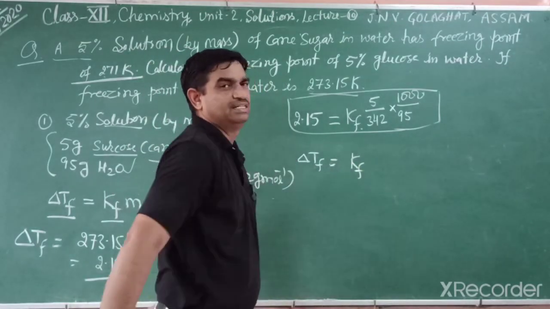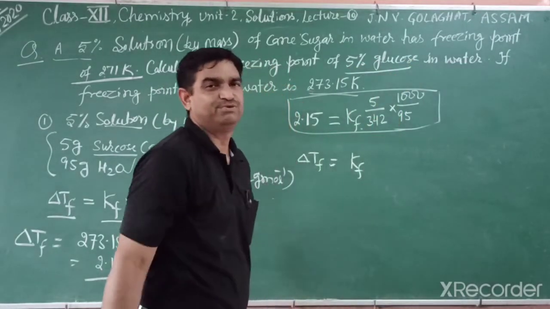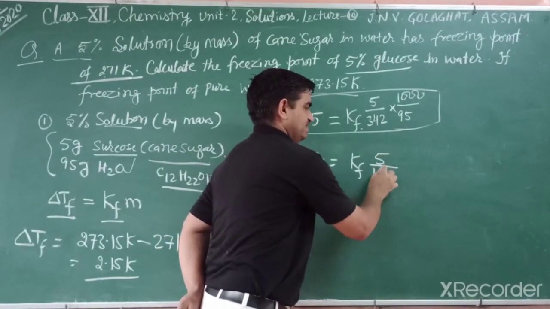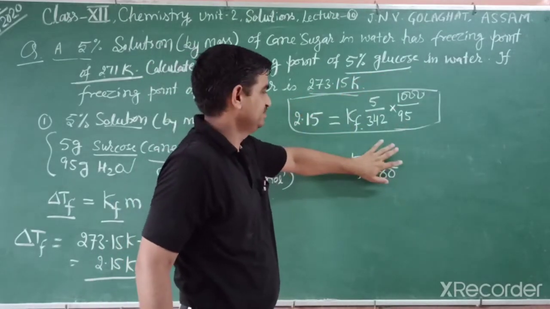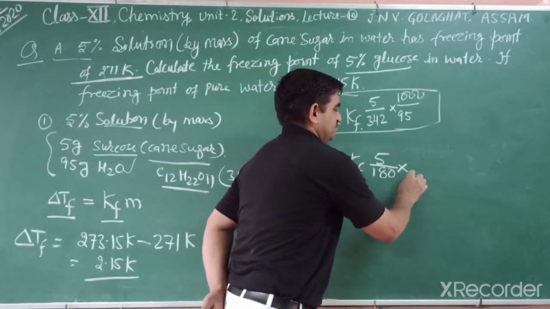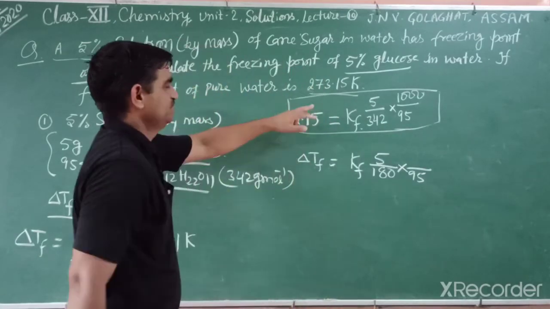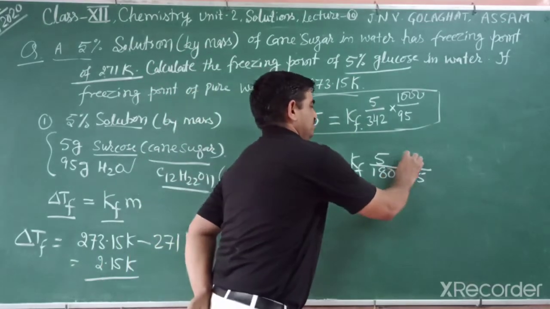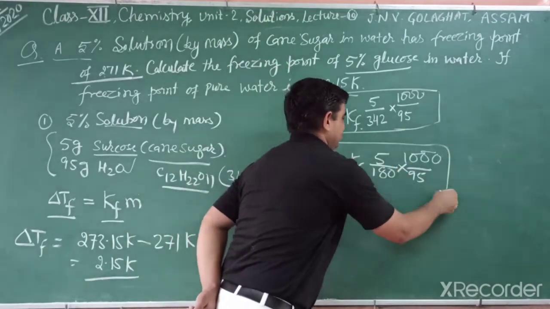The other data are given: 5% glucose means 5 by 180 mole, because the glucose molar mass is 180, into 95, since 5% glucose means 5 gram glucose and 95 gram water, into 1000. So this is the second numerical.